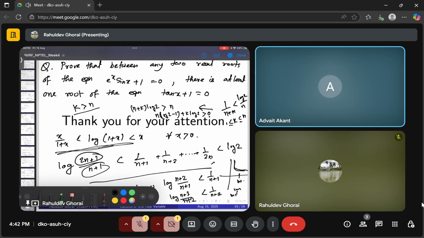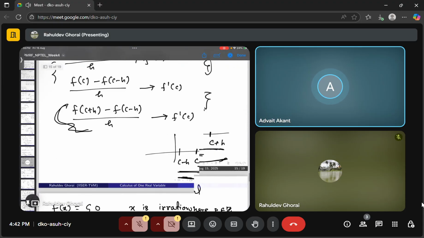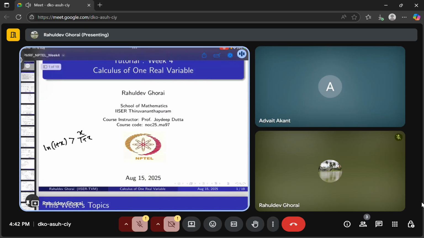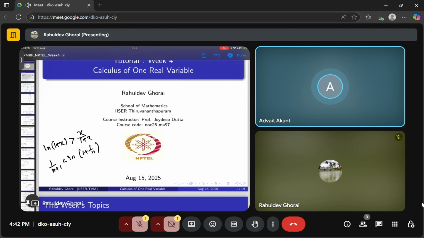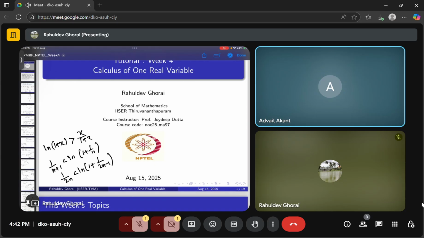1 by n by 1 plus 1 by n is less than ln of 1 plus 1 by n. Exactly, that's what you can do here. So mainly 1 by n plus 1 will be less than, yes. Then so on, 1 by 2n is less than ln of 1 plus 1 by 2n minus 1. True. Just add these.